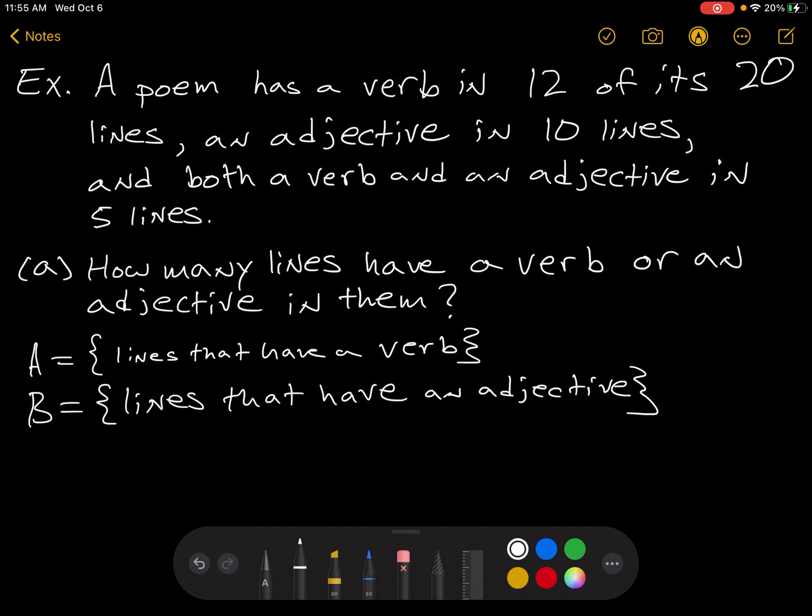All right, so from the statement of the problem, a poem has a verb in 12 of its 20 lines. So then we know the cardinality of A is 12, and the cardinality of B is 10.